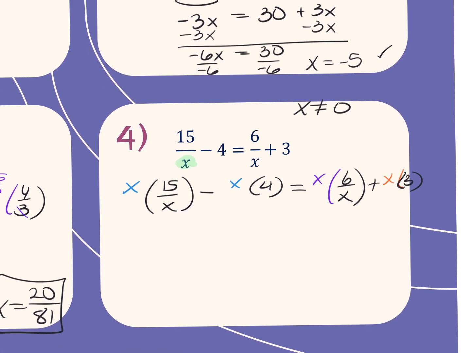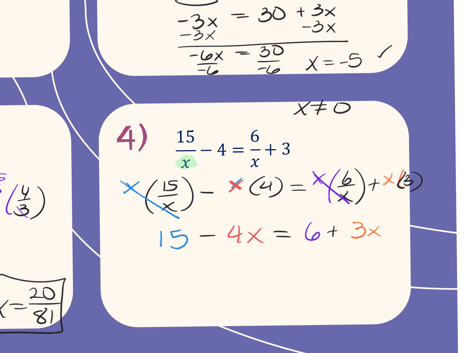For the first one, the x's cancel, and you're left with 15. Over here, it just becomes a 4x, and then the equal. The purple x cancels, and you're left with just 6. And then for the orange, just multiply 3 times x.